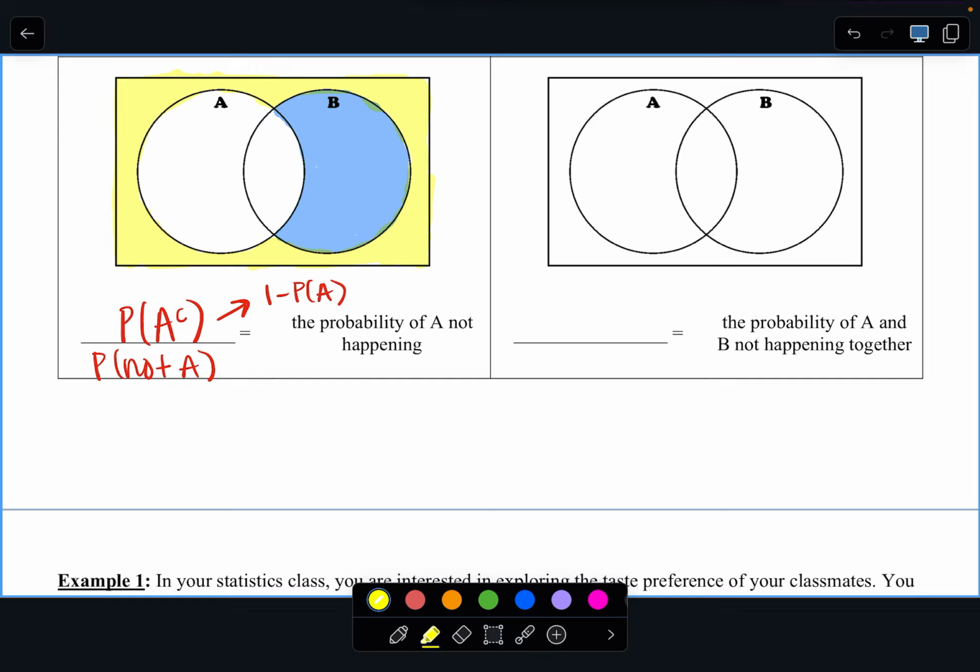So that means I'm going to include A, all of it, A that is not in the overlap. I'm going to include all of B that is not in the overlap.